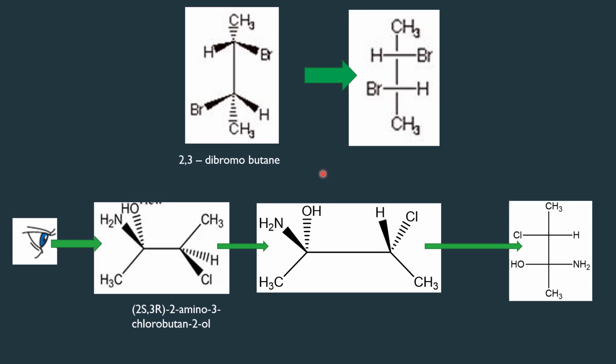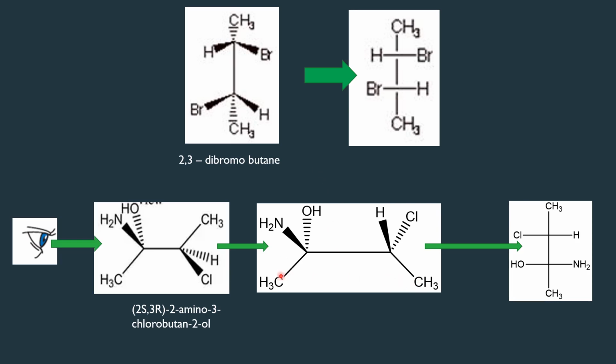Now let us view the molecule in this direction, so that when I view the molecule from here, these groups are coming towards me and the methyl groups are going away from me. So when I view the molecule in this direction, these bonds are alpha, these two methyl groups are going away from me.